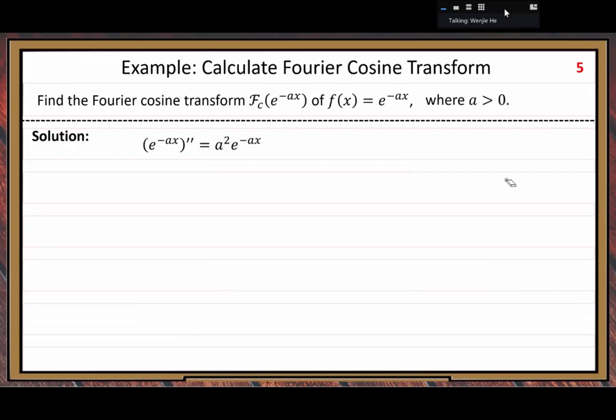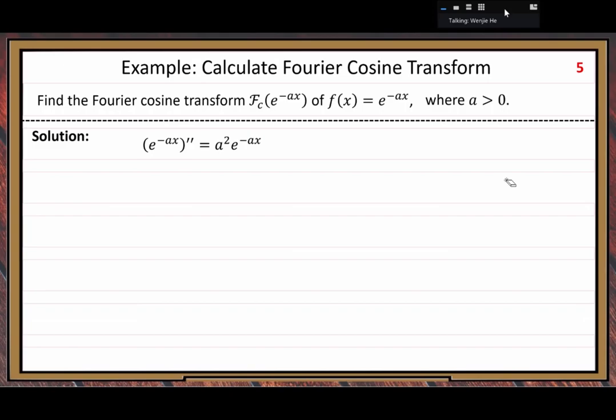Let's look at the calculation. First, we take the double derivative of the original function. Now let me ask you, why do we use the double derivative here? We do not use the first derivative, but the second derivative. Why is it more convenient in this example to use the second derivative, not the first derivative? The answer is very simple.